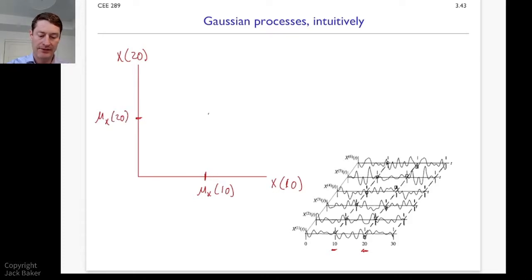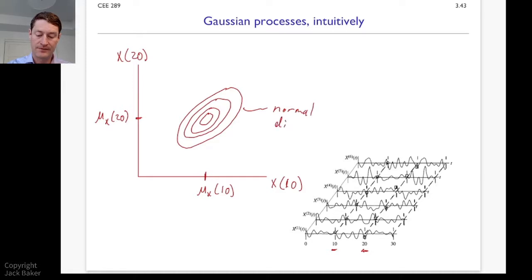And then we'll have contours of a joint probability density function. So these are normal distribution PDF contours.